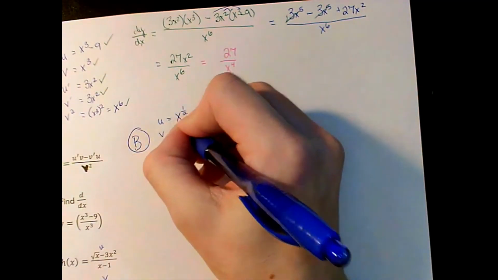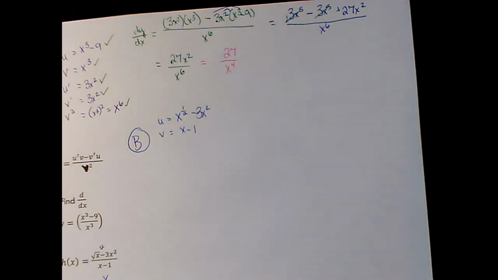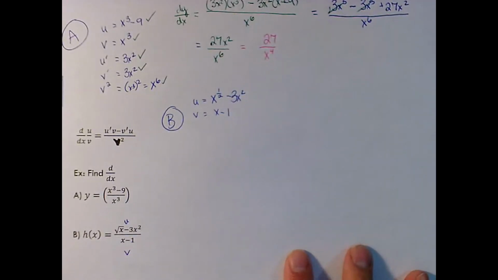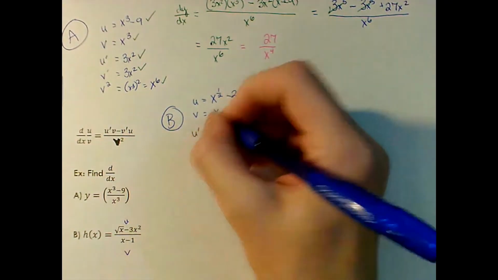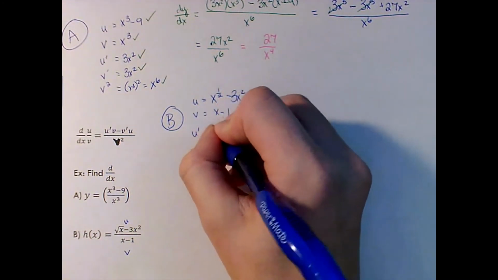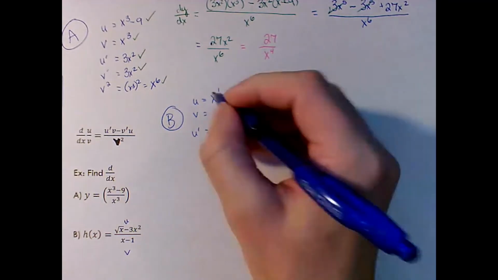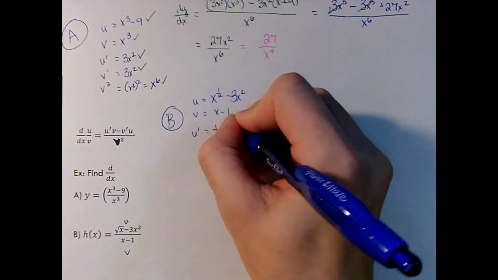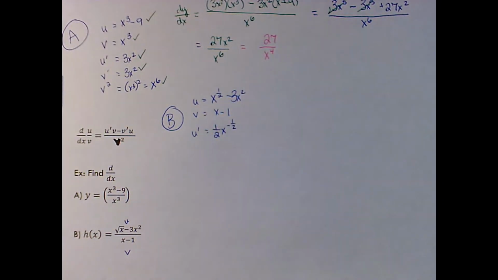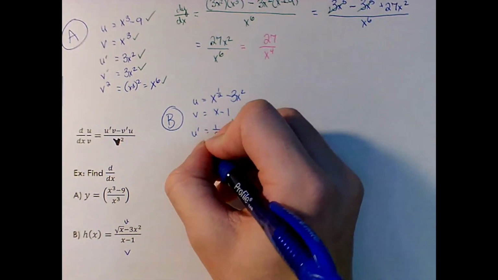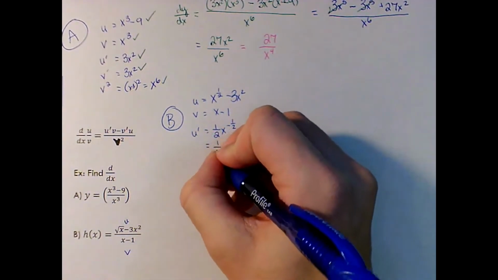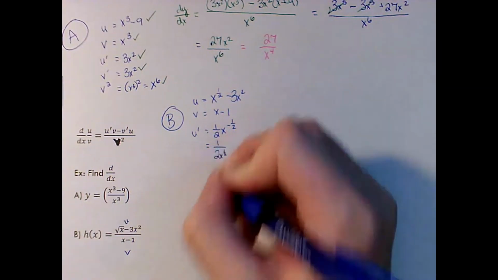V is x minus 1. U prime has me pulling the 1/2 out in front of x and turning that into the negative 1/2, which turns that into 1 over 2 x to the 1/2.